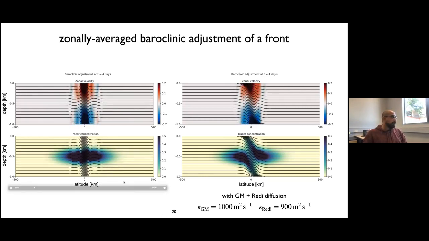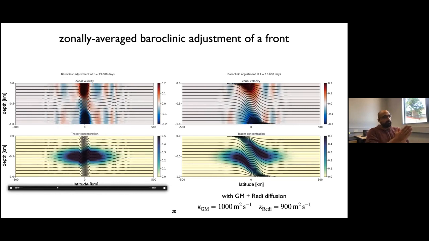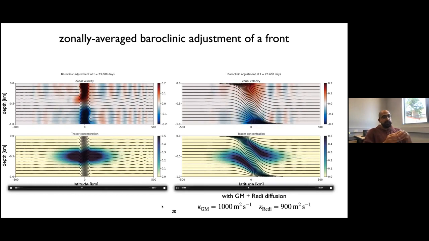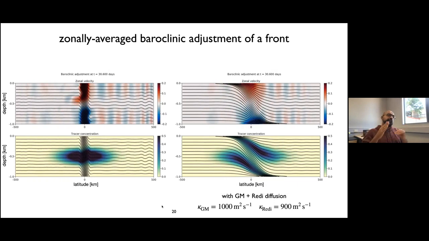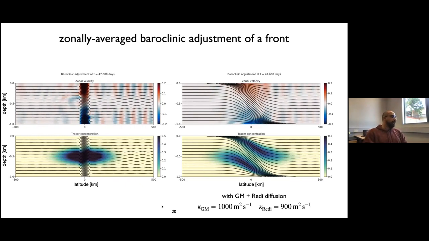On the left-hand side, the isopycnals remain steep, almost the same as the initial conditions. While on the right-hand side, we can see that this eddy diffusivity made the isopycnals lean down a bit, because eddies were created from the available potential energy that these isopycnals had. So this made the isopycnals slump down.